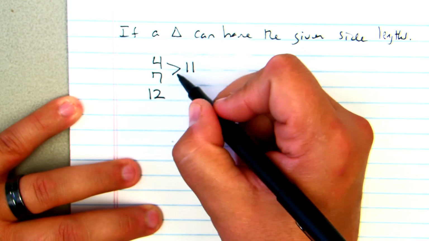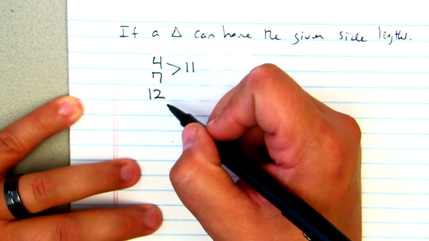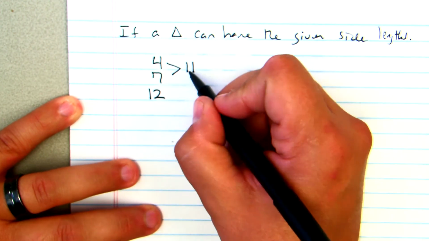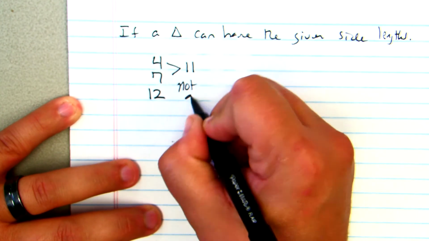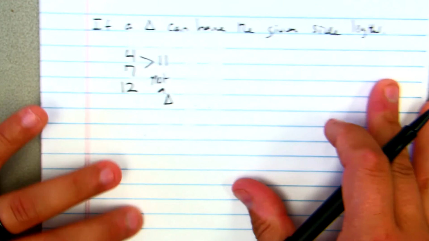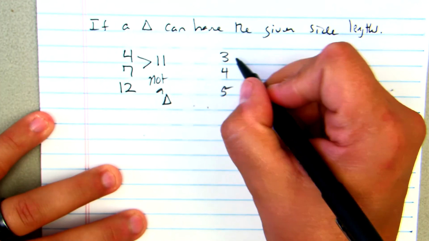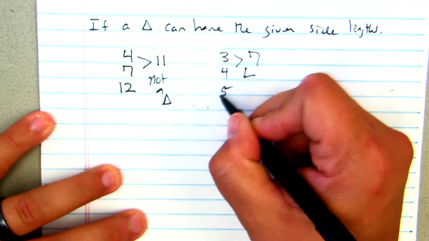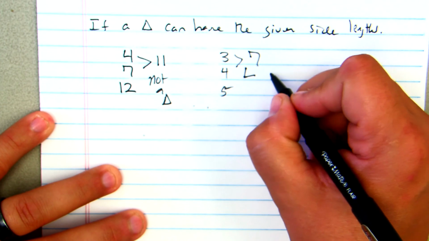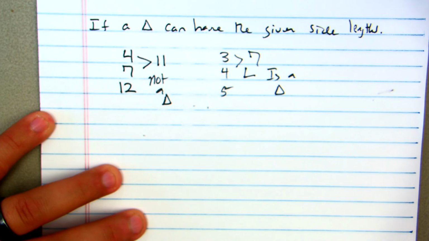The two smallest added together must be larger than the remaining side. If it's not, then it's not a triangle. 11 is not larger than 12, therefore that is not a triangle. An example of one that would be a triangle would be, for instance, a 3, 4, and 5. 3 plus 4 is 7. 7 is larger than 5, therefore that is a triangle. Probably the easiest part out of that chapter.